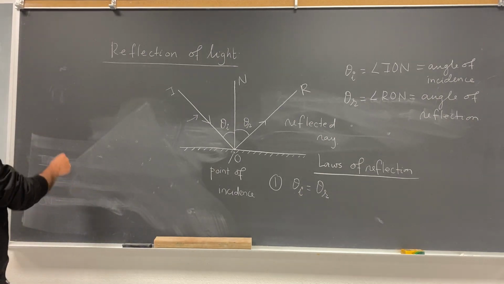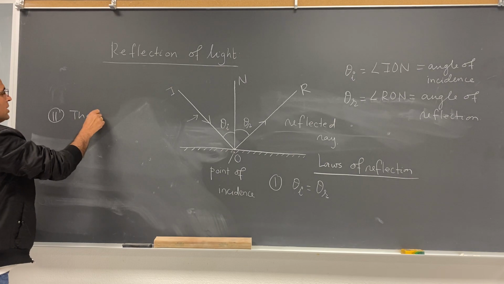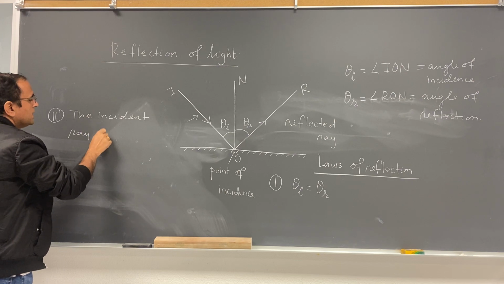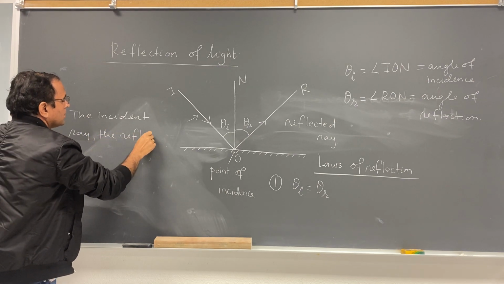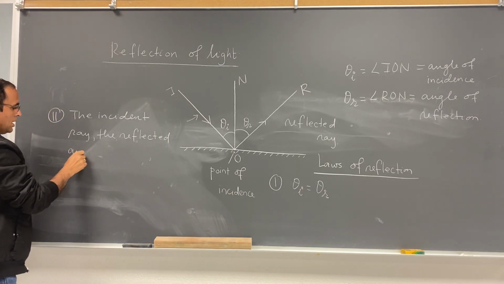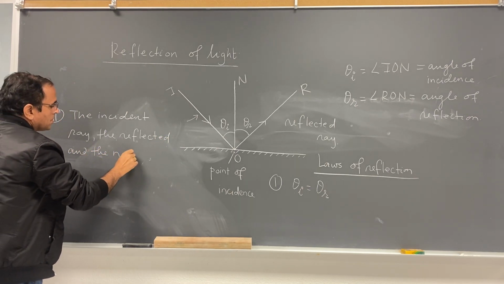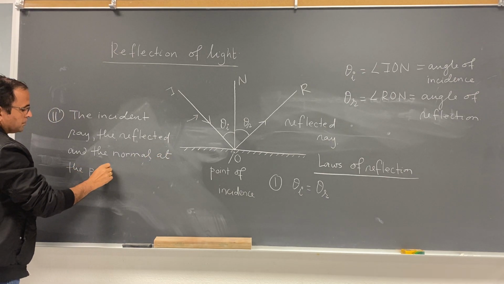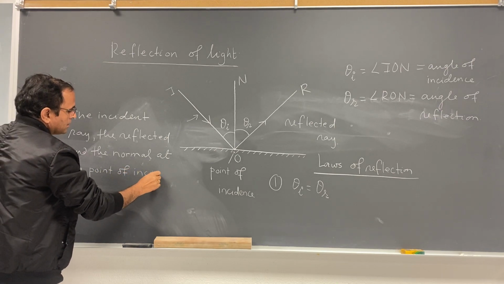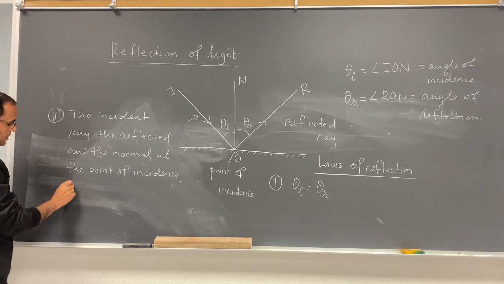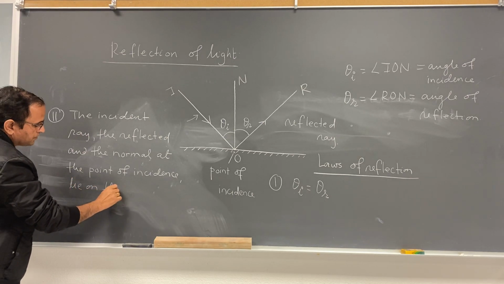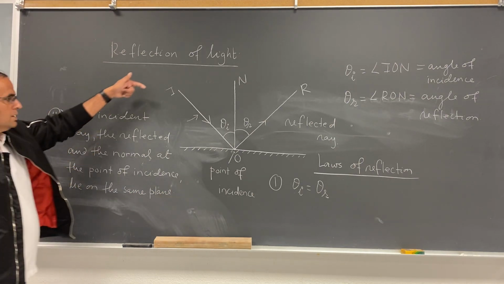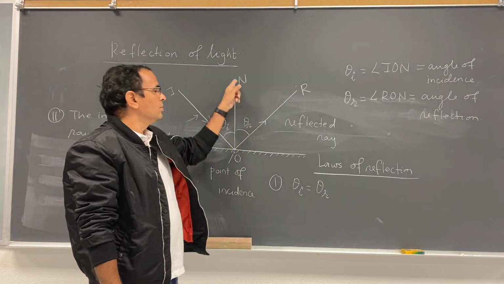So the second law is the incident ray, the reflected ray, and the normal at the point of incidence lie on the same plane. That's it. This ray and the normal, they lie on the same plane.